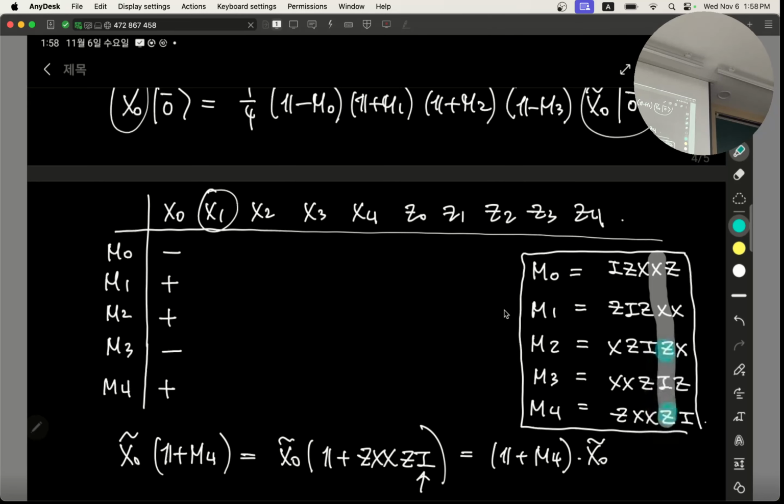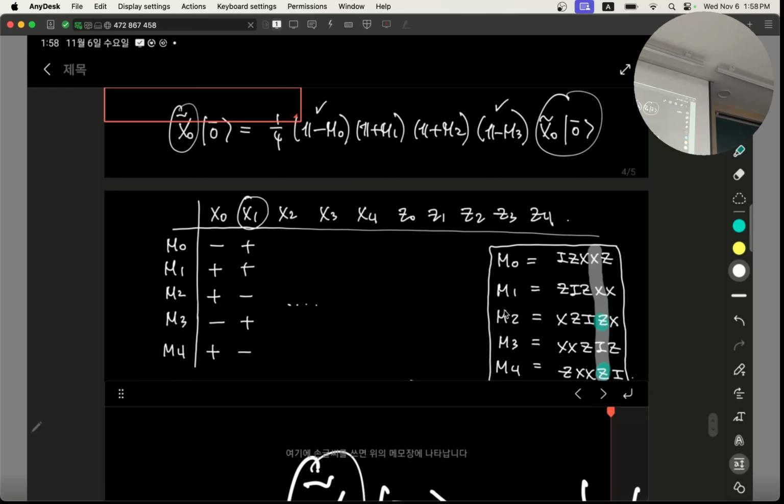Only those cases, when you interchange the order, get the minus sign. So you get 2 and 4 minus here, and the rest is plus. Now we can do this for how many? 10. And if no error occurred, then everything is positive, which means no minuses.